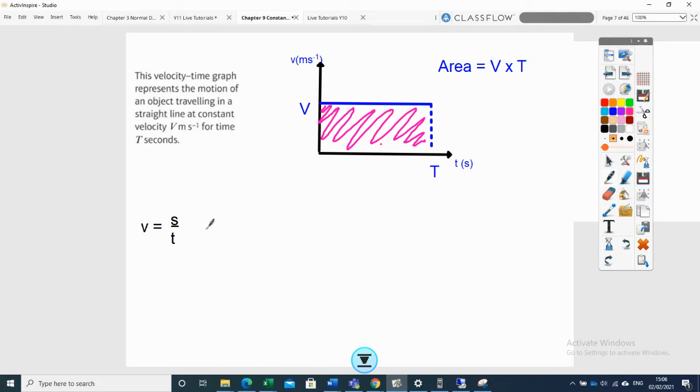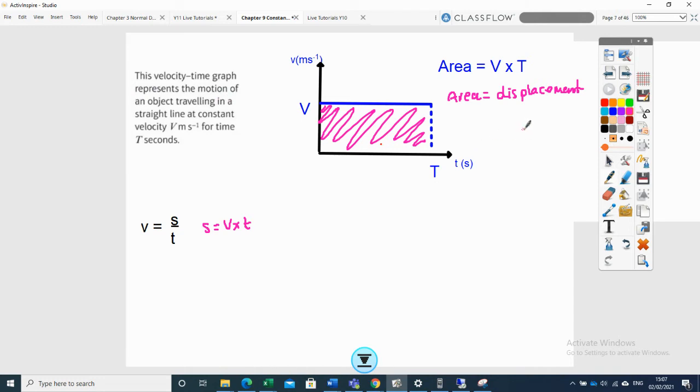If we rearrange that, we get S is equal to velocity times time, which is the same as my formula up here. So we can say that the area is equal to displacement, assuming that it's travelling in a straight line.